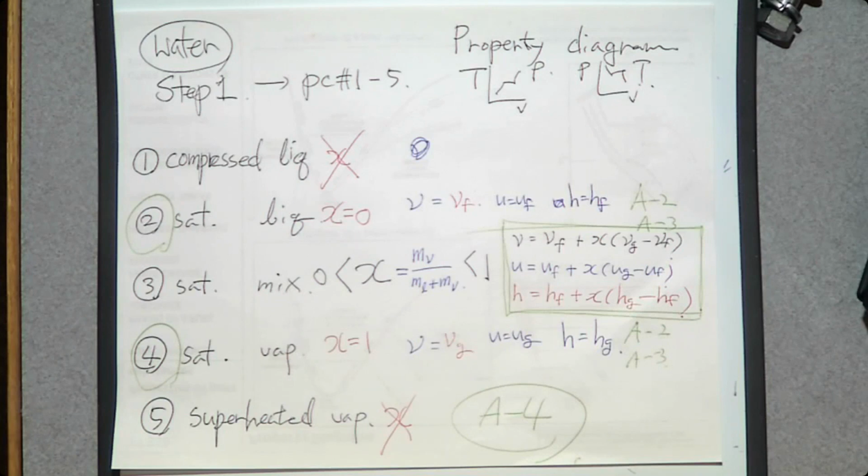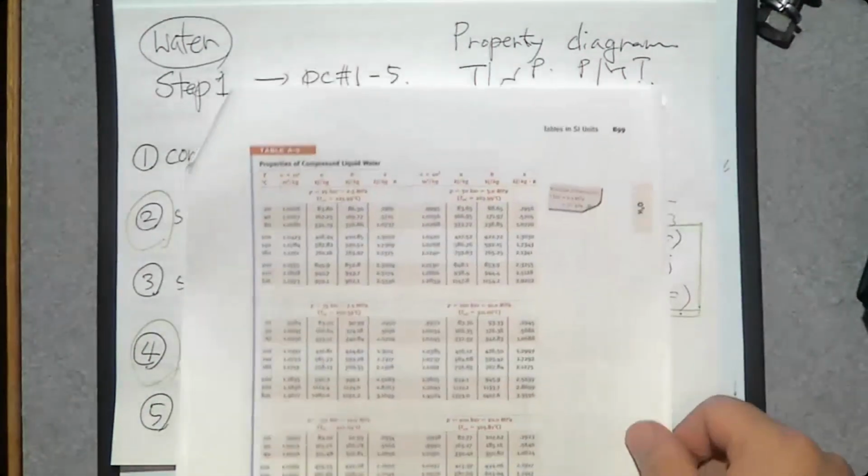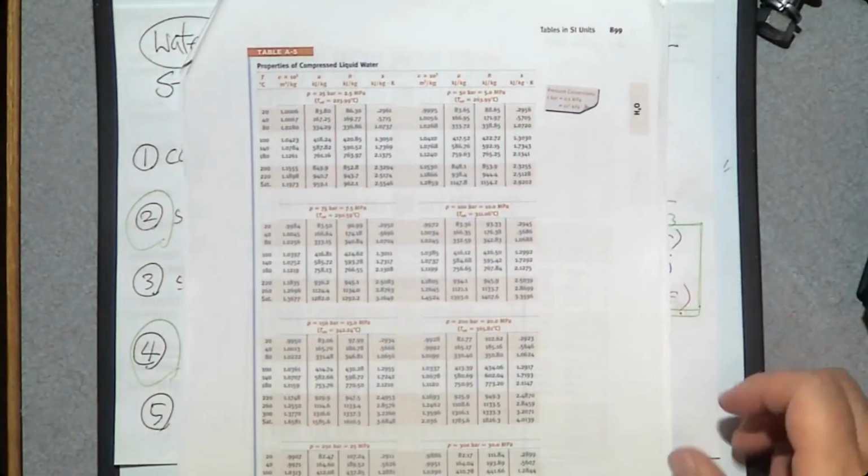Isn't there a table for compressed liquid? Yes, there is. Then can we just use that table? Or it depends. So let's go to the table for compressed liquid. That is 2, 3, 4, and which table? 5. So let's go to table A5. Properties of compressed liquid water.